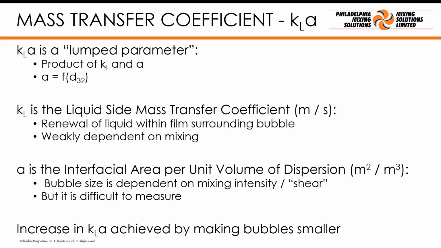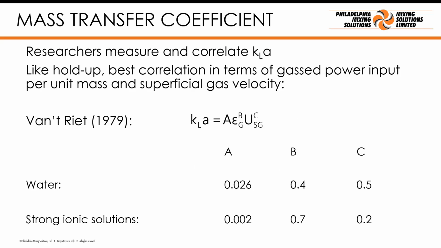But generally, it's difficult to measure. This is why people doing research in gas liquid mixing present their results as KLA. Again, lots of researchers have done this. I'm citing research that was published in 1979.